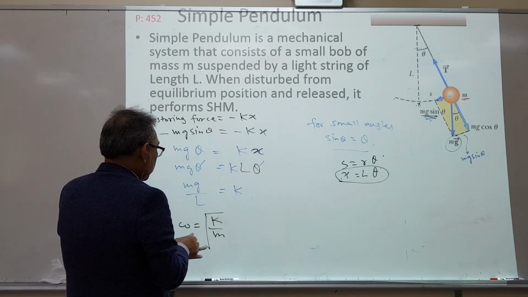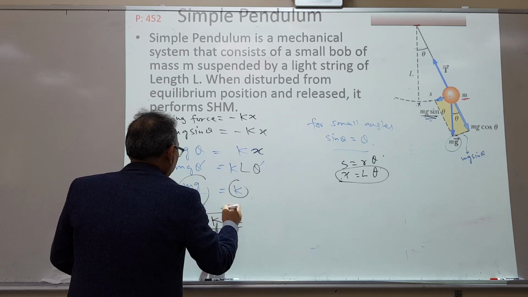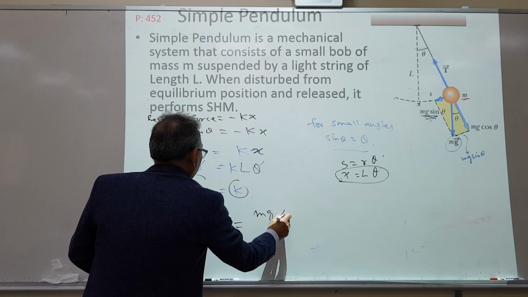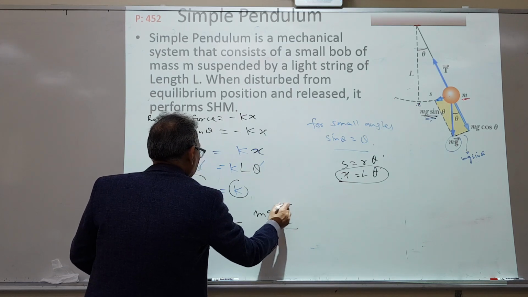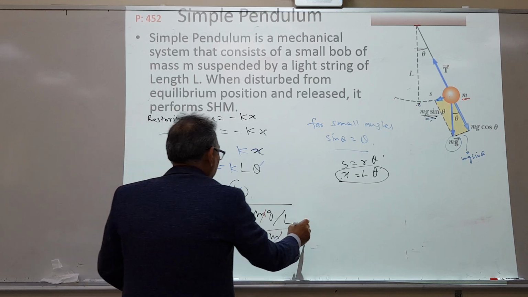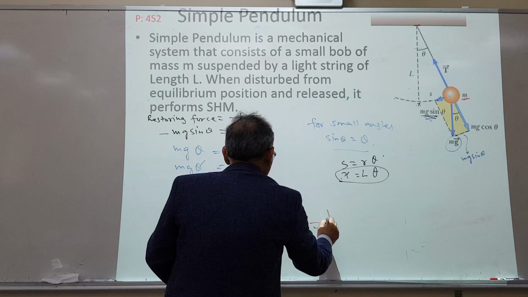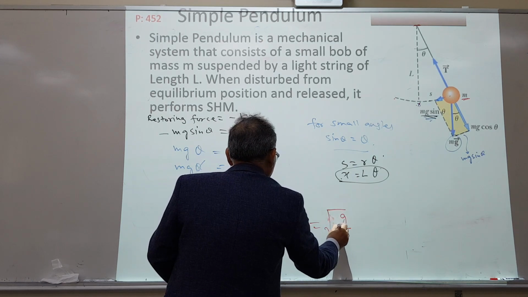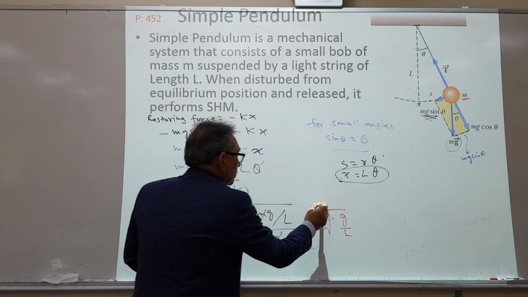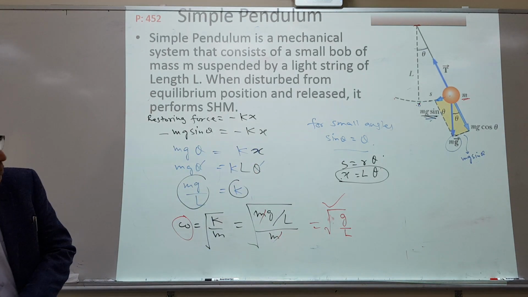Now k is mg over L, so mg over L over this m. m goes with m, and you are left with omega is equal to g over L under the root. So omega is equal to g over L under the root.